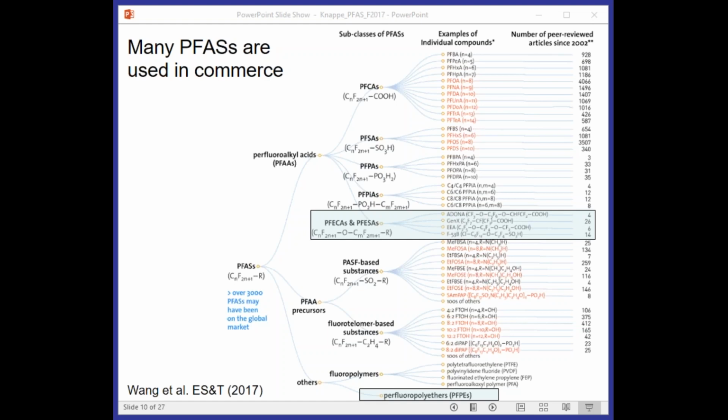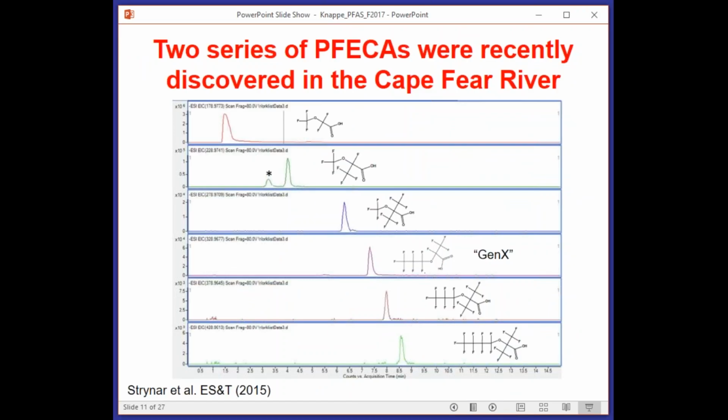So if we go to the next slide. Mark Strynar, who works at EPA, was the lead author on a paper that came out 2 years ago that showed the occurrence of these perfluoroether carboxylic acids in the Cape Fear River of North Carolina.